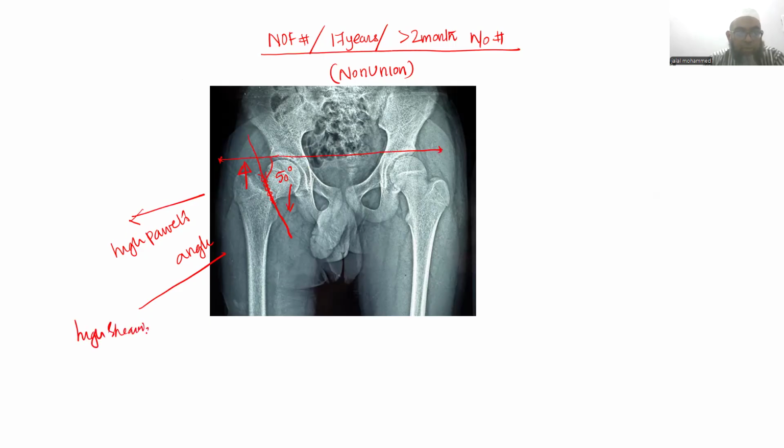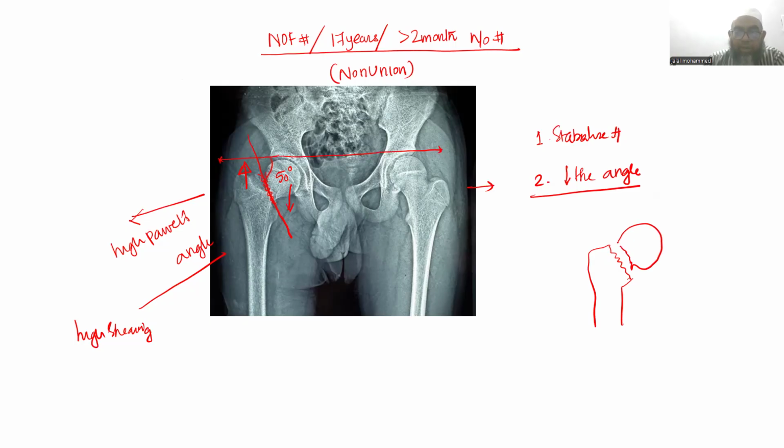So for this patient, what do we need to do? We need to stabilize the fracture. Second thing is we need to decrease the angle. How will you do that? The patient's present situation is like this.